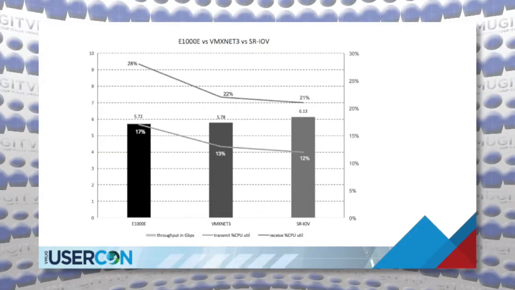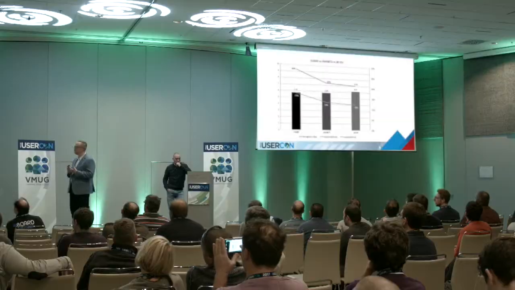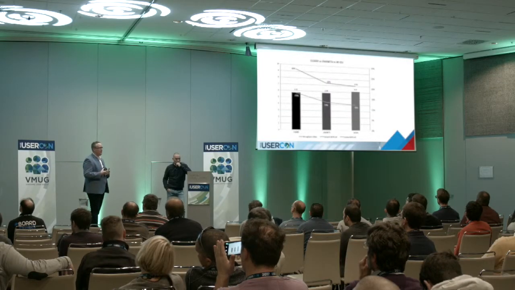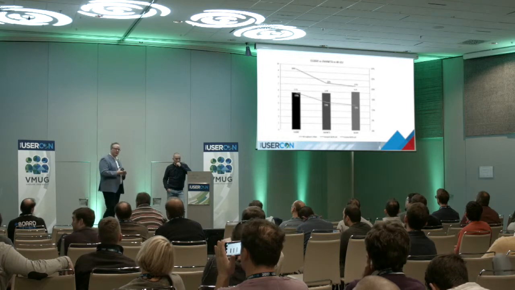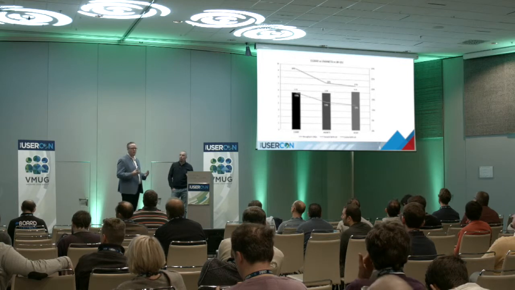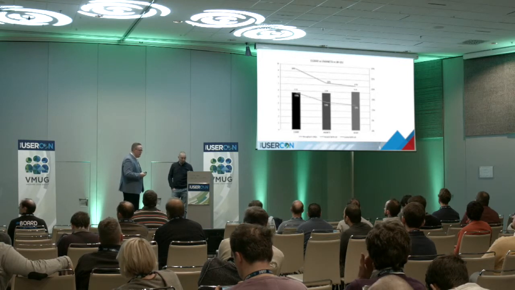We tested and looked at why you would want to use SR-IOV, because nowadays we have the VMXNET3 driver, right? That is widely adopted because it's the most tunable virtual driver.